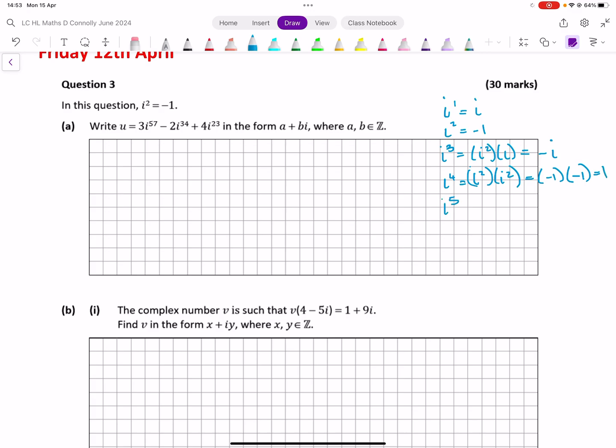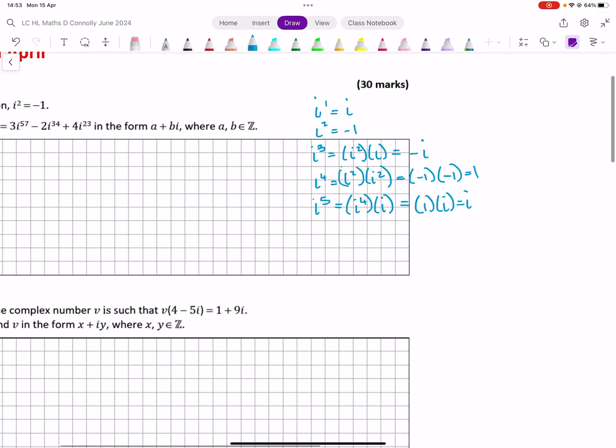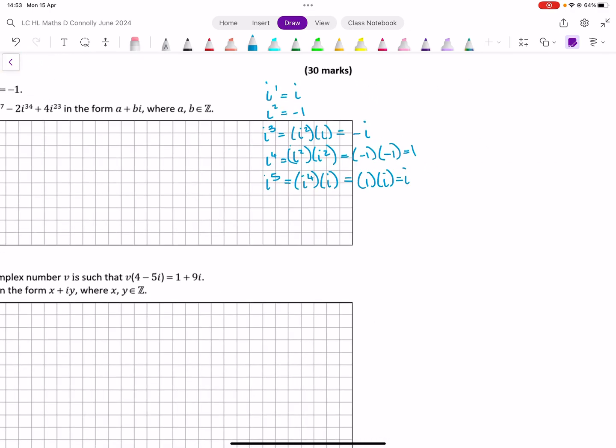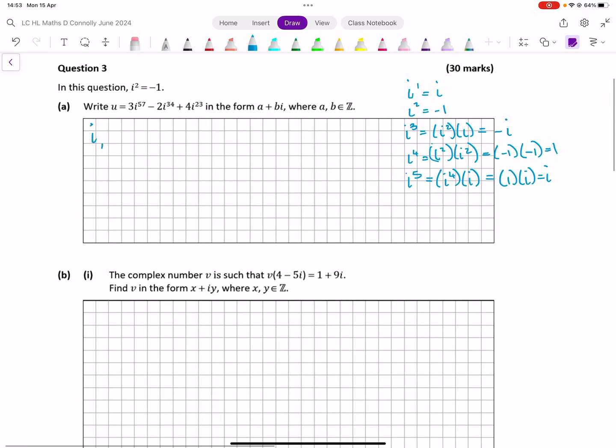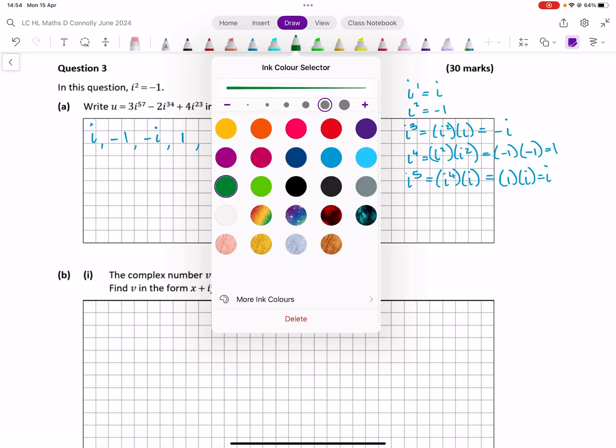And then i to the 5 is going to be i to the 4 times i, which is 1 times i, which is i. So we're back to the start. Right, so the pattern is i, -1, minus i, 1, i, -1, minus i, 1, etc.